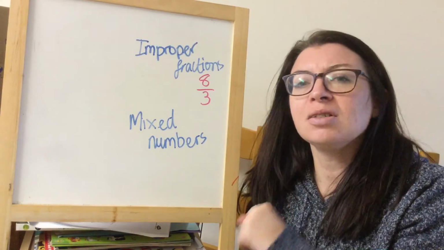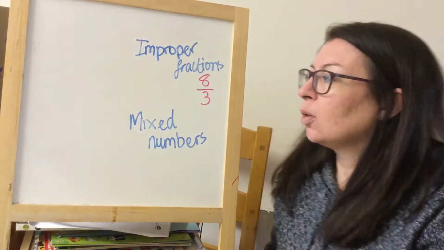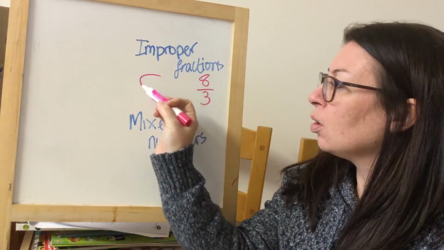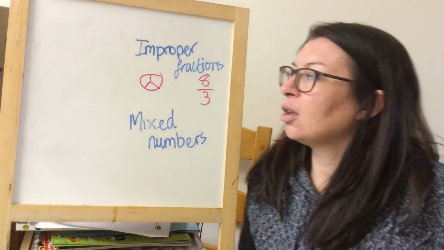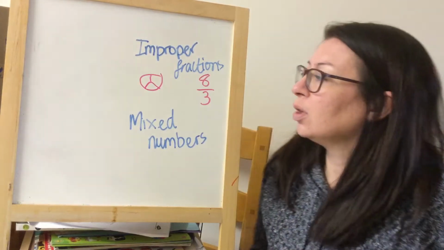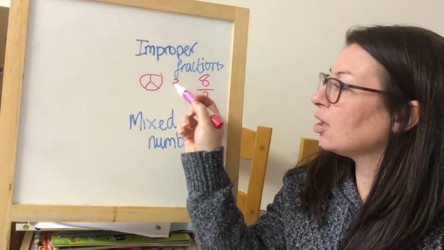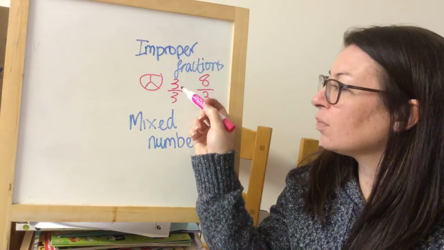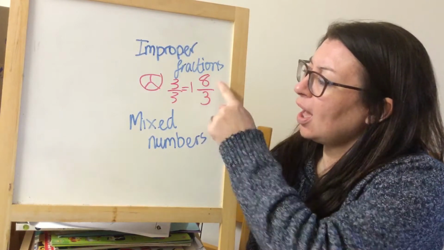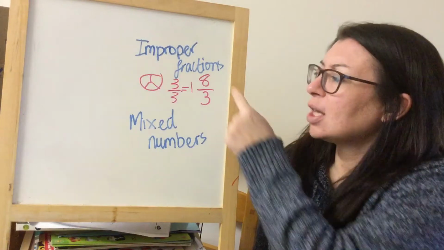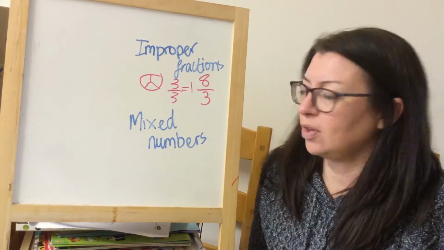How many thirds make a whole? Well, a whole that is cut up into 3, so 3 pieces make a whole. So as in your work yesterday, 3/3 equals 1 whole. We have here 8/3. So that is an improper fraction because it is too heavy at the top.